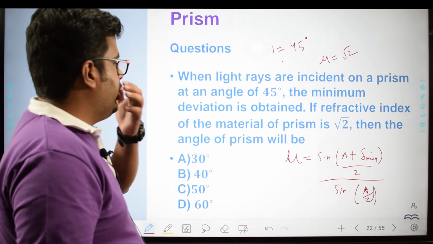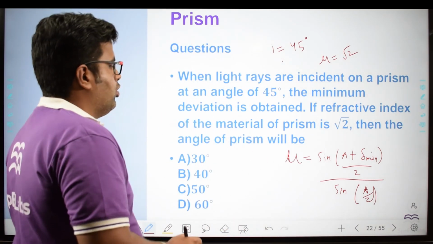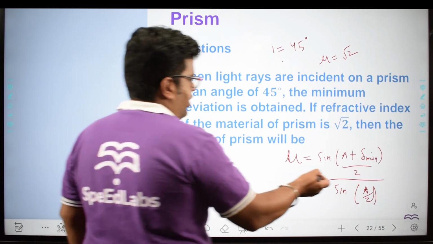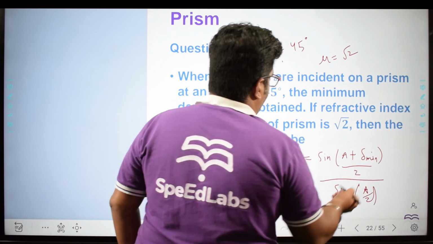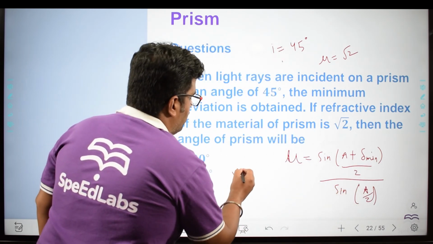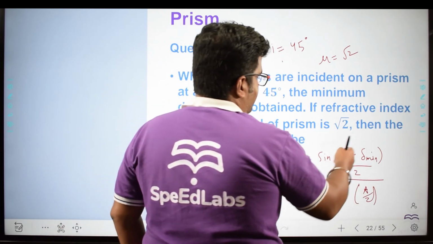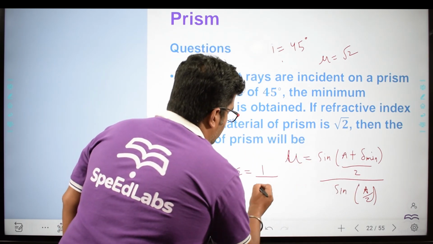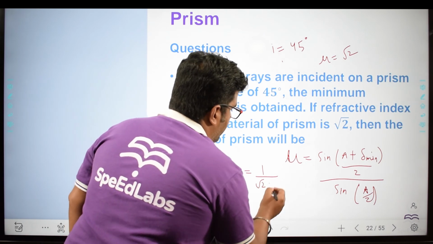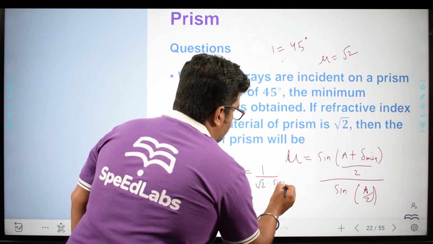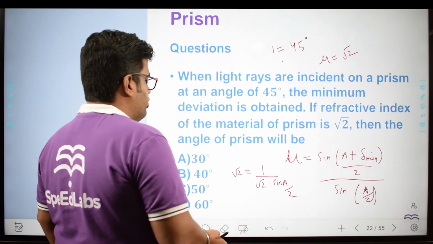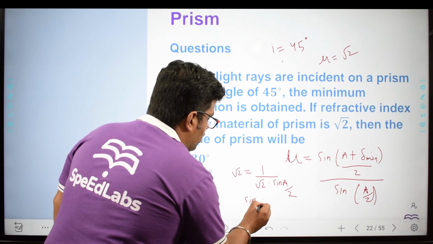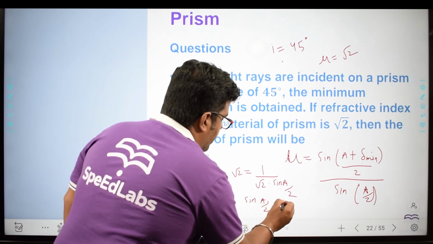Right, now here we are given mu as √2. So we'll put the value of mu as √2, and we can take this incident angle as 45 degrees. So we'll have √2. Now this was basically sin I upon sin r, and I is given as 45 degrees. So sin 45 is again 1 by √2, and we have it divided by sine of A by 2. Once we solve this, we'll have sine of A by 2 equal to 1 by 2.